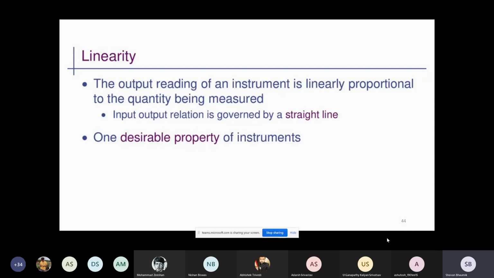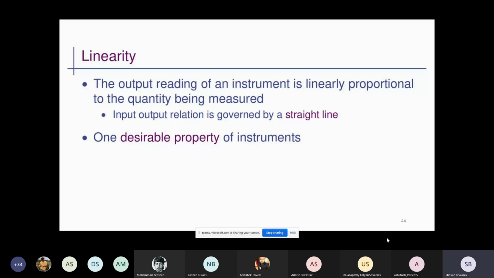So linearity is a very useful characteristic of an instrument. Sometimes it may happen that after you design your instrument, it is no longer linear, and many times it happens so.